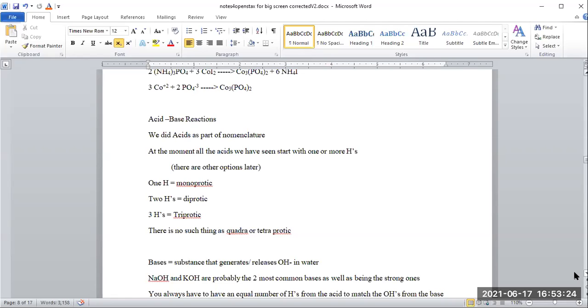And from an inorganic chemistry point of view, there is no such thing as a quadra- or tetraprotic. You're not going to see anything that has four hydrogens at the beginning of the molecule.